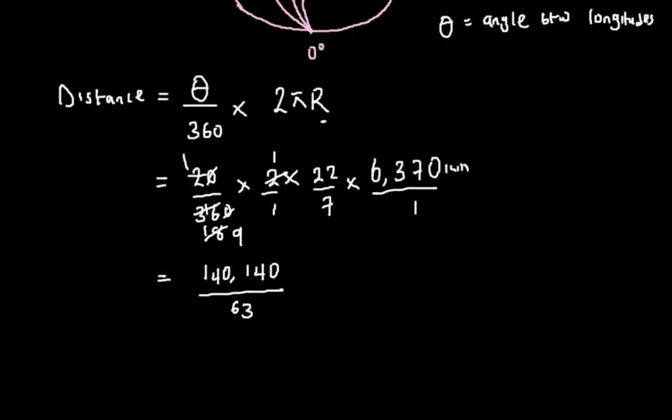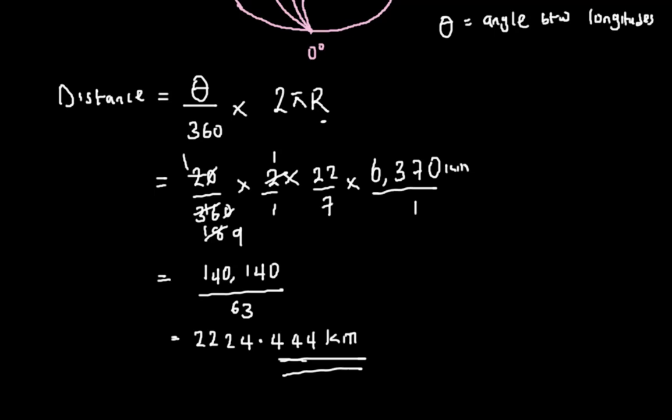So we are going to be having 140,140 divided by 63. That will be 2224.444, because we are told to take our answer to 3 decimal places. So we have kilometers, and this here is our answer.